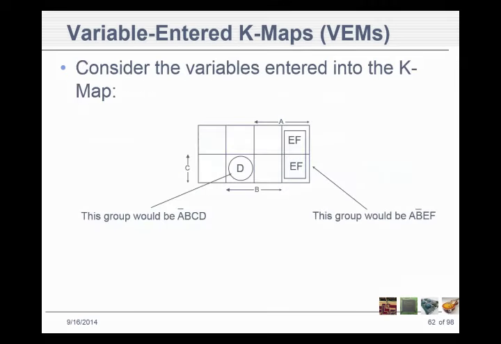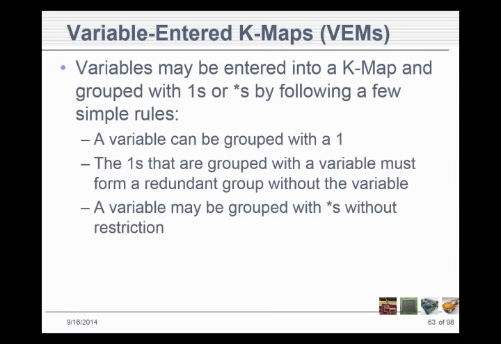Now, don't let it get to you. It'll clear up the more you work with it. So here are the rules. Variables may be entered into a K-map and grouped with ones or don't cares by following these rules. A variable can be grouped with a 1 anytime.